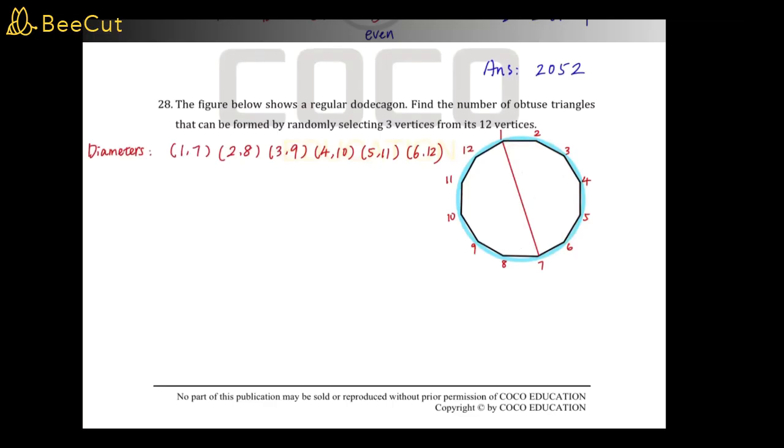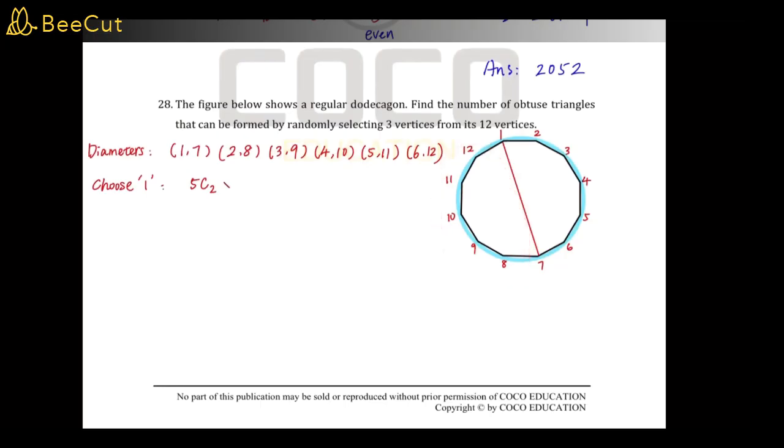So let's see, if we choose point 1, then for the other 2 points, you can choose from 2 to 6, which is 5C2. That's 10 ways. Alternatively, you can choose from 8 to 12.